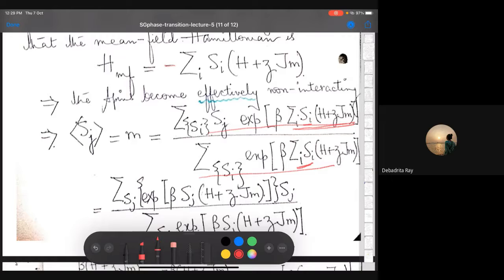When I write it out fully, I will get terms like e to the power minus beta S1 (H plus JZM), e to the power beta S2 of the same factor (H plus JZM), and so on. And somewhere here is this Sj sitting, and I have summation over all the Si. This is the numerator.